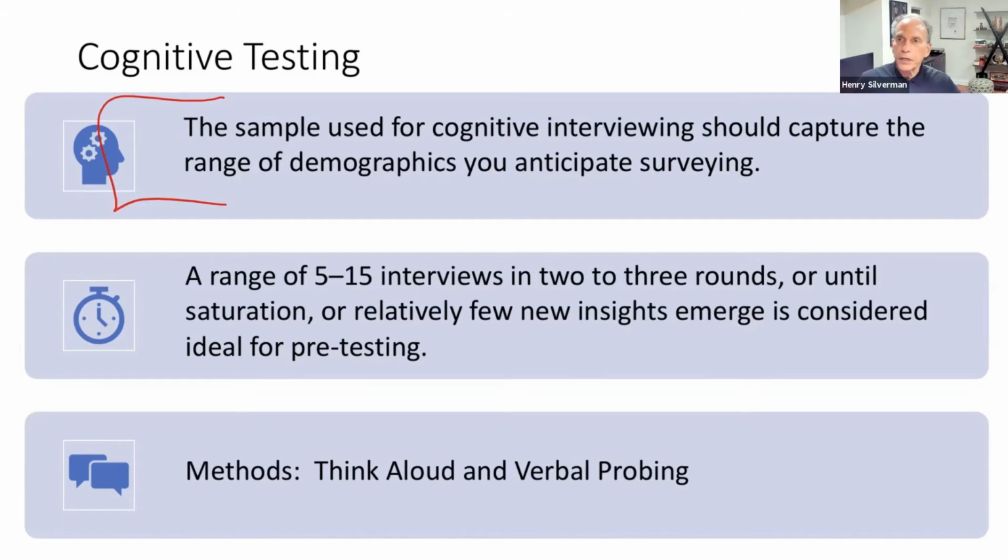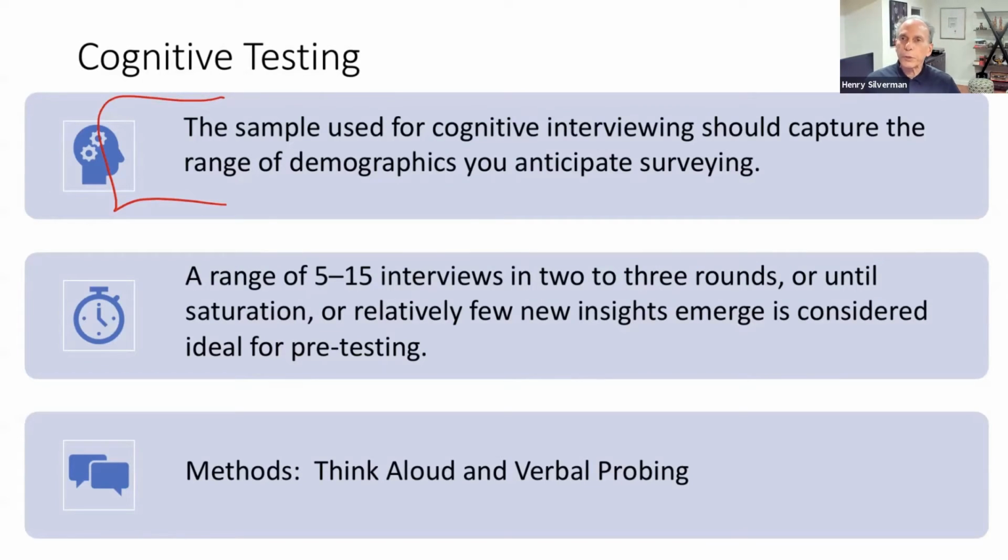So essentially, you give it to a group of 10 participants. They'll tell you how you should change the questions or eliminate the questions. And now you have essentially a revised questionnaire, but now you want to test it again in another round of interviews.